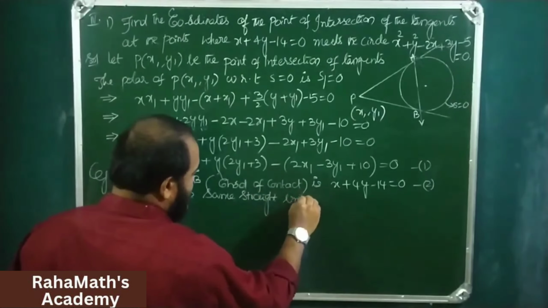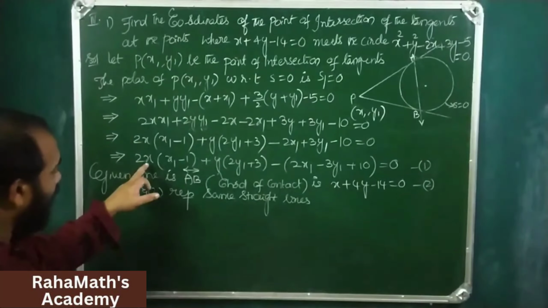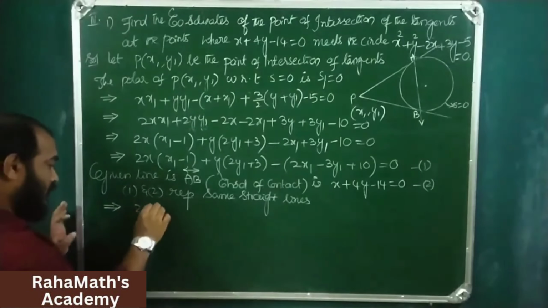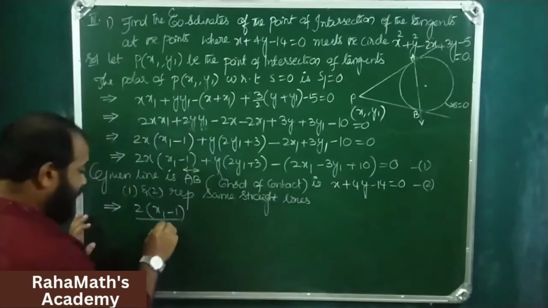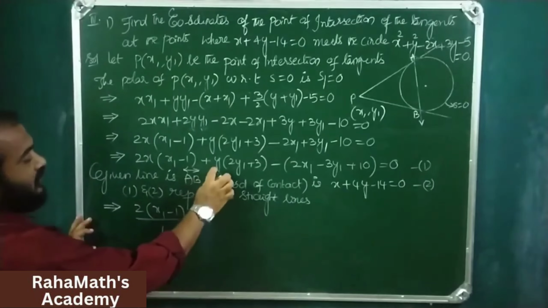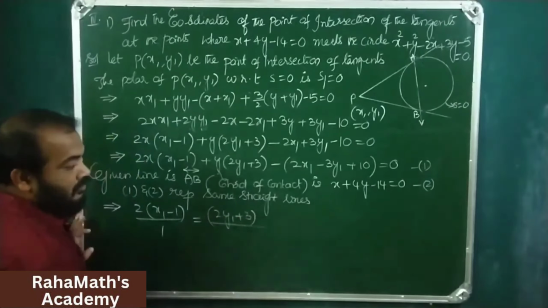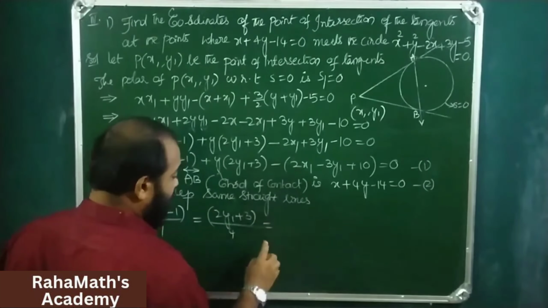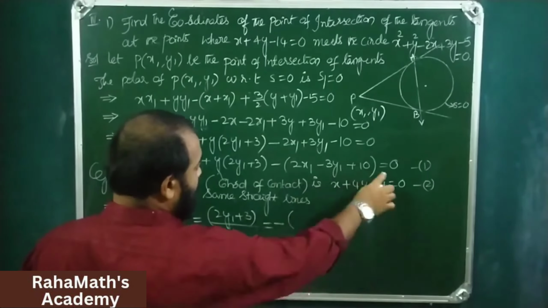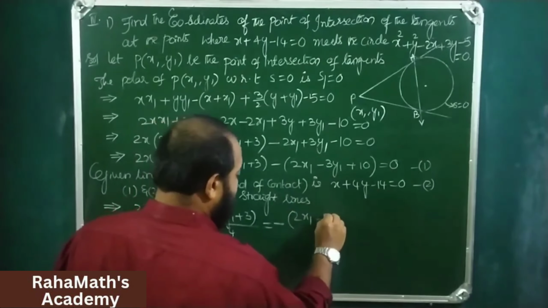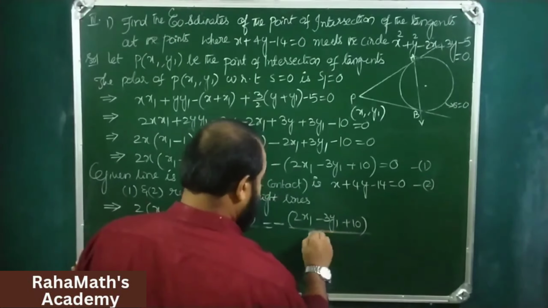So let us compare the equations. That implies the coefficient of x here is (2x1 minus 1) by 1 is equal to the coefficient of y, (2y1 plus 3) by 4, is equal to minus of, this is all constant, (2x1 minus 3y1 plus 10) by minus 14.